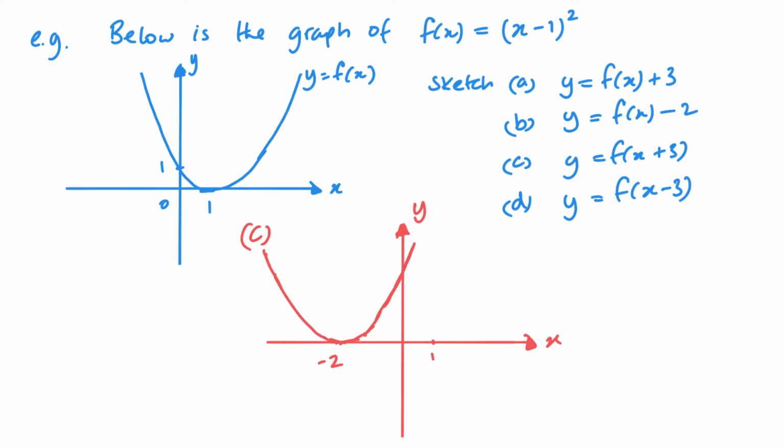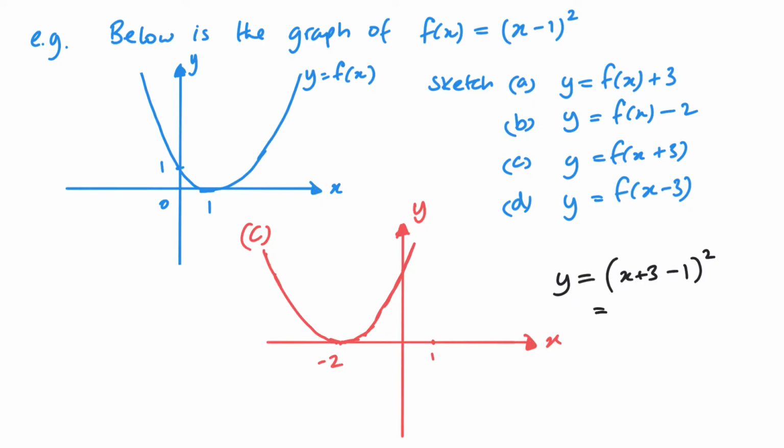And again, now if I want to work out where it hits that y-axis, then I need to do a couple of calculations. So if I was doing those calculations, I've got y equals, now is f of x plus 3. So what I'm doing is I'm replacing x with x plus 3, and that's minus 1 squared. So what I'm doing is I'm taking the original, replacing this x with an x plus 3.